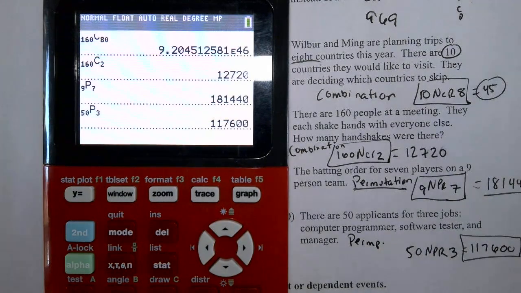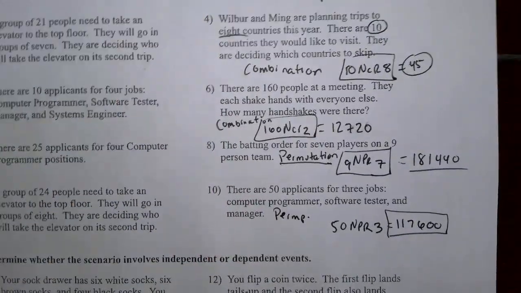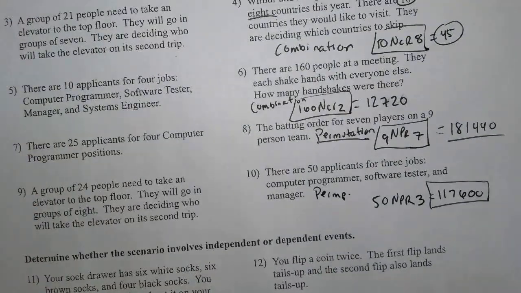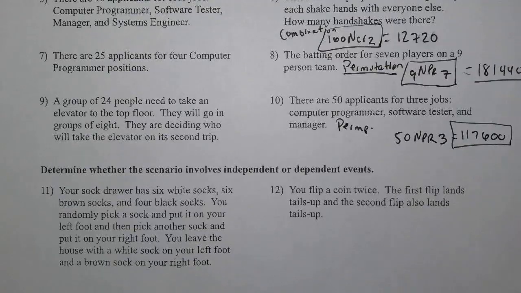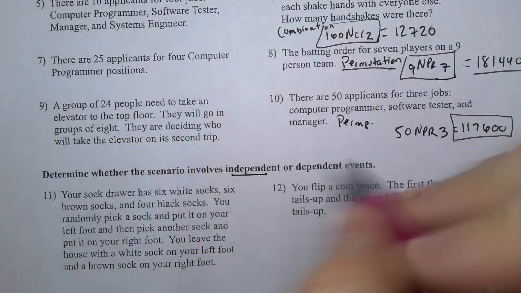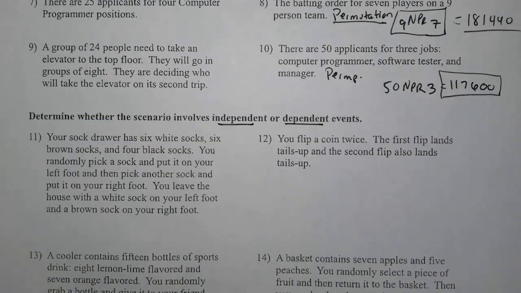Okay, we are halfway through today's lessons, ladies and gentlemen. The next part, good news, is easier. We are just determining if it is an independent or a dependent event. Independent or dependent event is much, much easier.